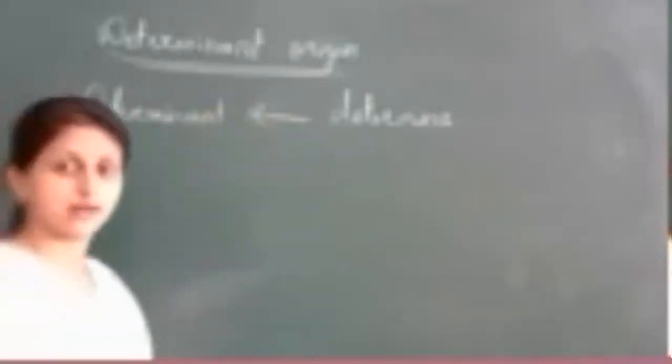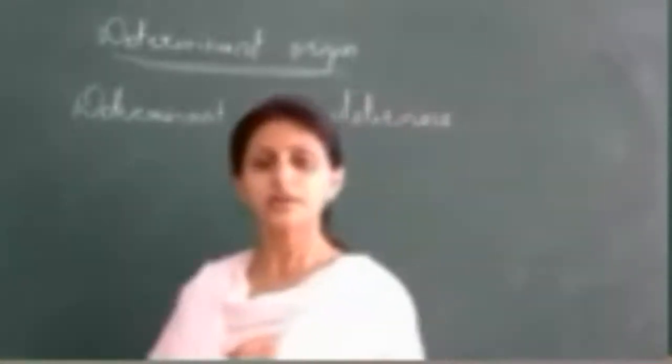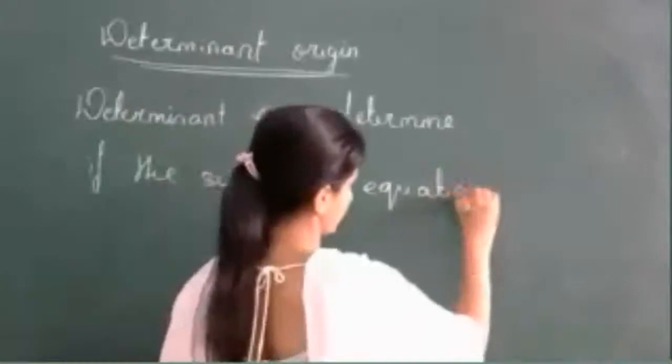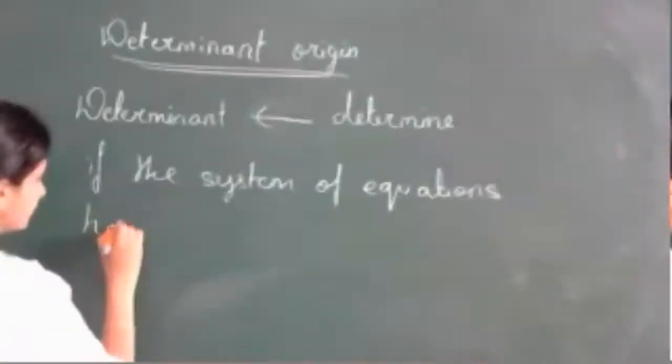So these determinants, what do they determine, students? Determinant word comes from the word determine. And so what does this determine? These determine whether the system of equations has a unique solution or not.